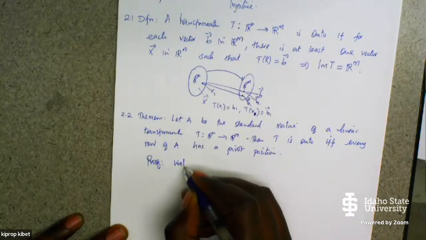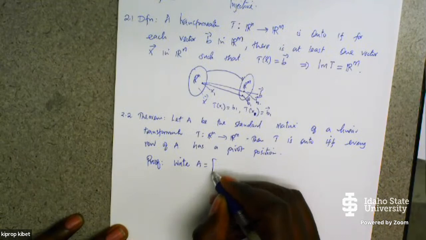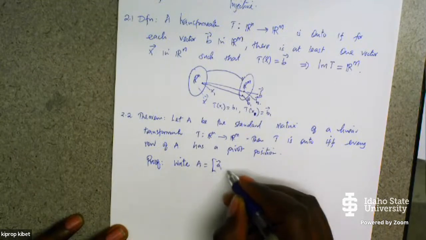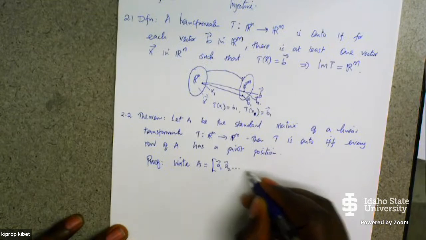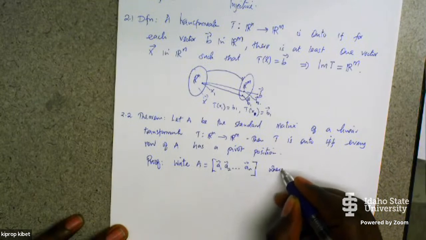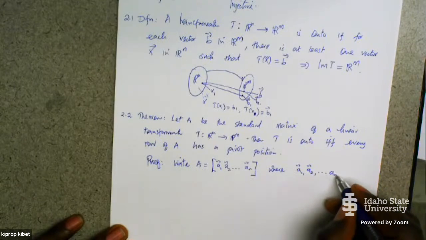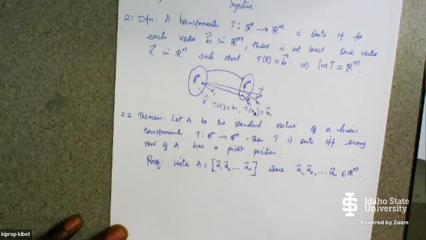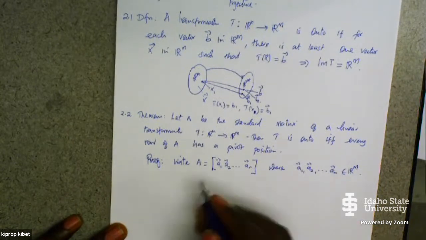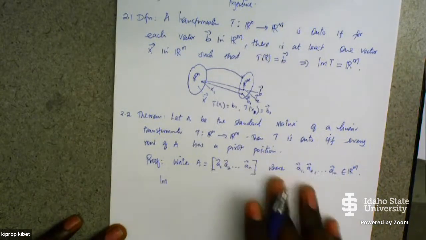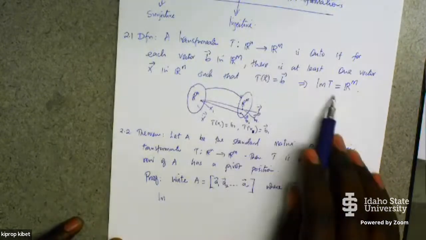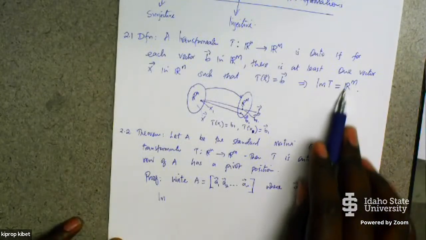If we write A equals A1, A2, all the way to An, where A1, A2, all the way to An are in Rm, then because we said for T to be onto, the image is Rm.